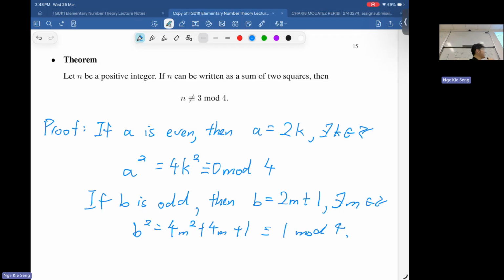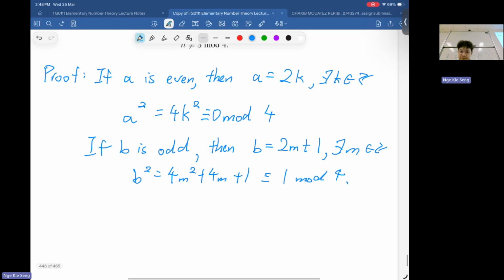So if it is a sum of two squares, what will happen? Either 0 plus 0, 0 plus 1, 1 plus 0, or 1 plus 1. So you only get 0, 1, and 2. So you never get 3. This is how we prove it.